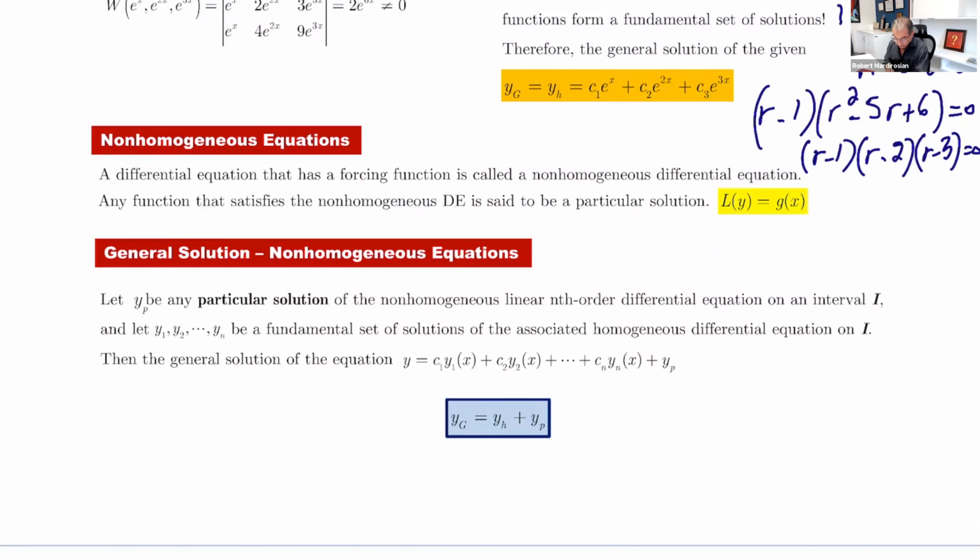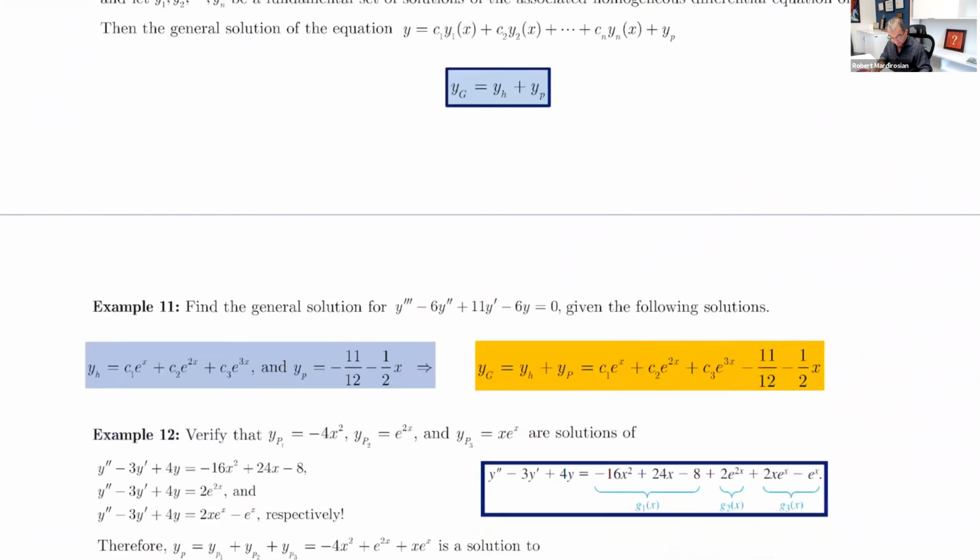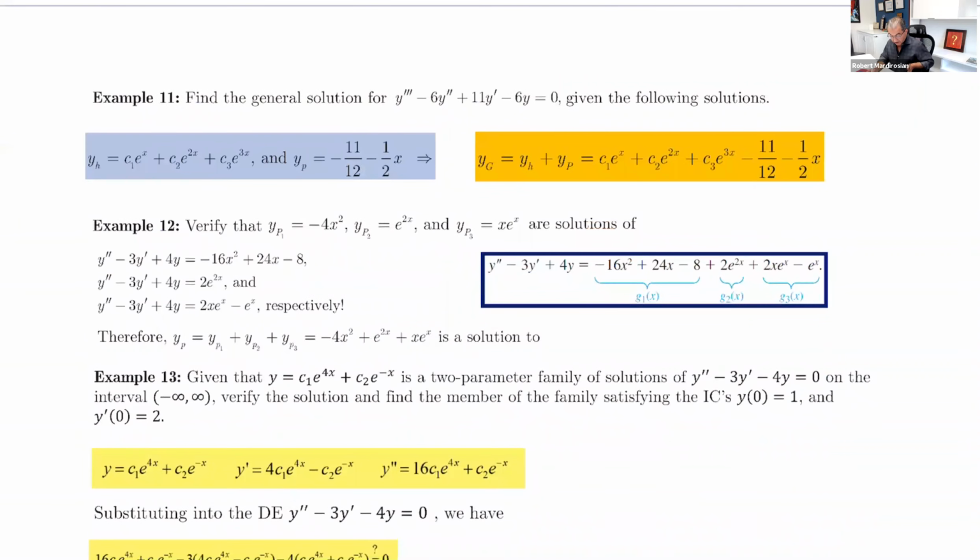Now, if you have a non-homogeneous equation, that's how it's written. Please watch the first video. The general solution of a non-homogeneous equation is the solution of the homogeneous equation plus a particular solution. Now here we're going to check.